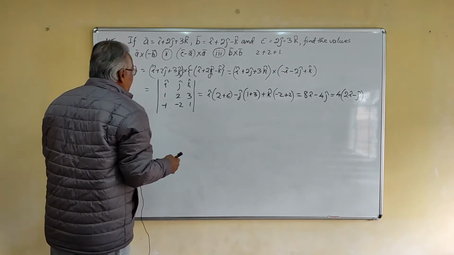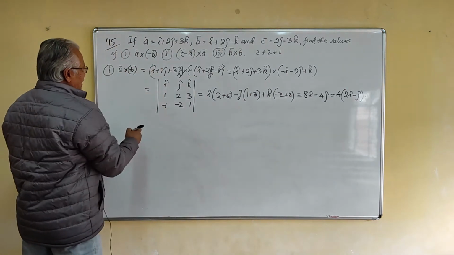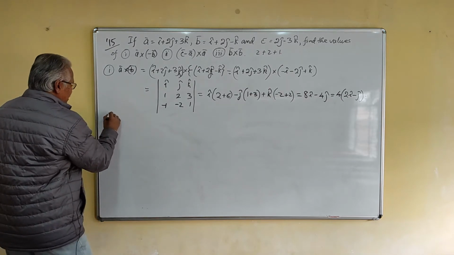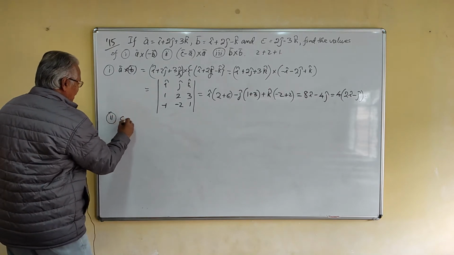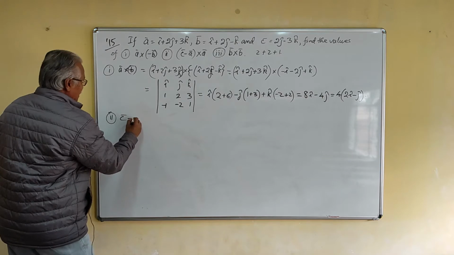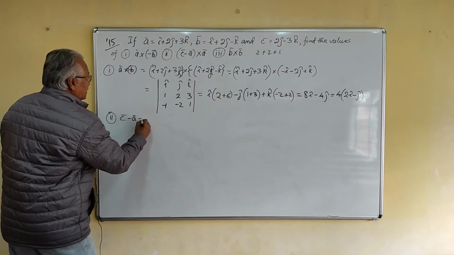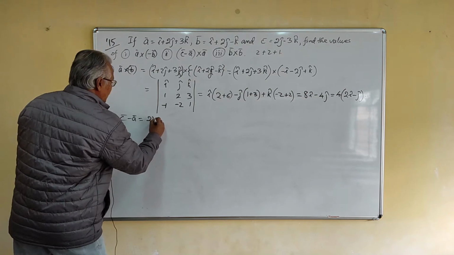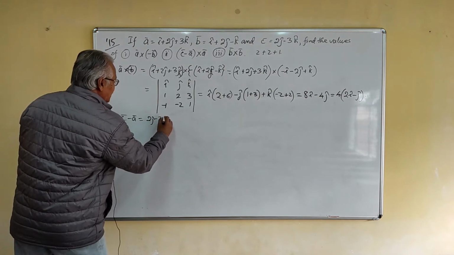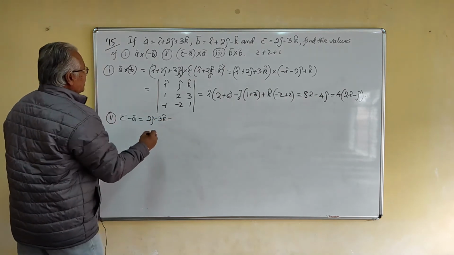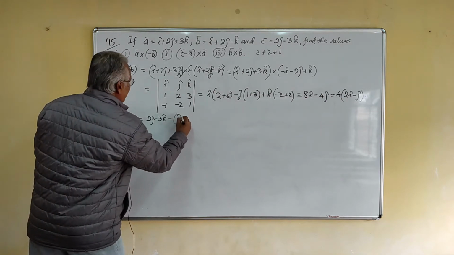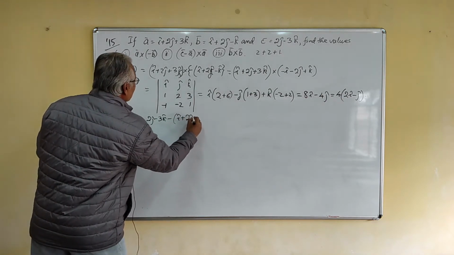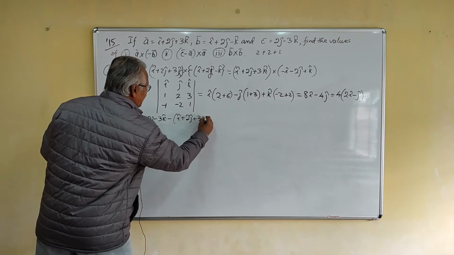And number 2, C minus A. Number 2, let's try to find out what will be C minus A. That is, C is 2j minus 3k, subtract A. A is i plus 2j plus 3k, right?